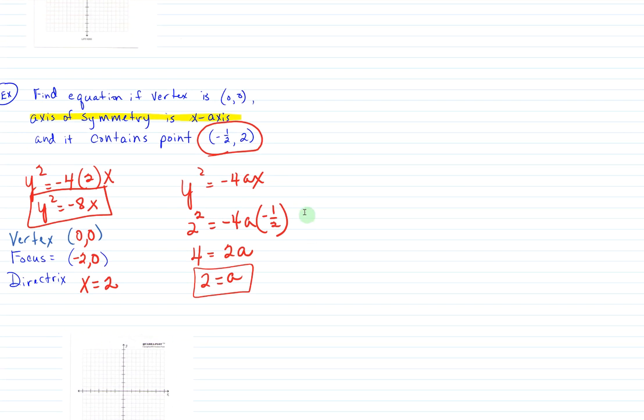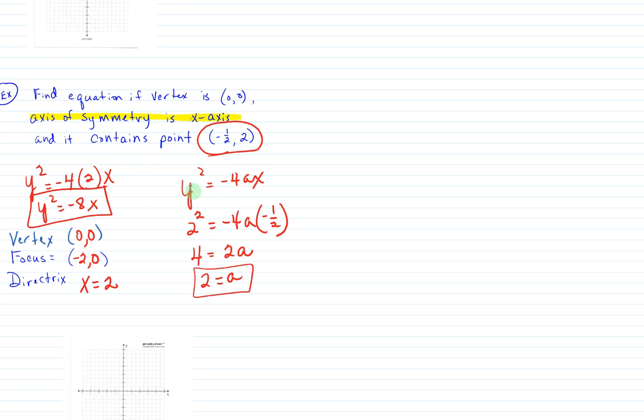Find the equation if the vertex is (0, 0), the axis of symmetry is the x-axis, and it contains the point (negative 1/2, 2). If it contains that point, let's think about that.